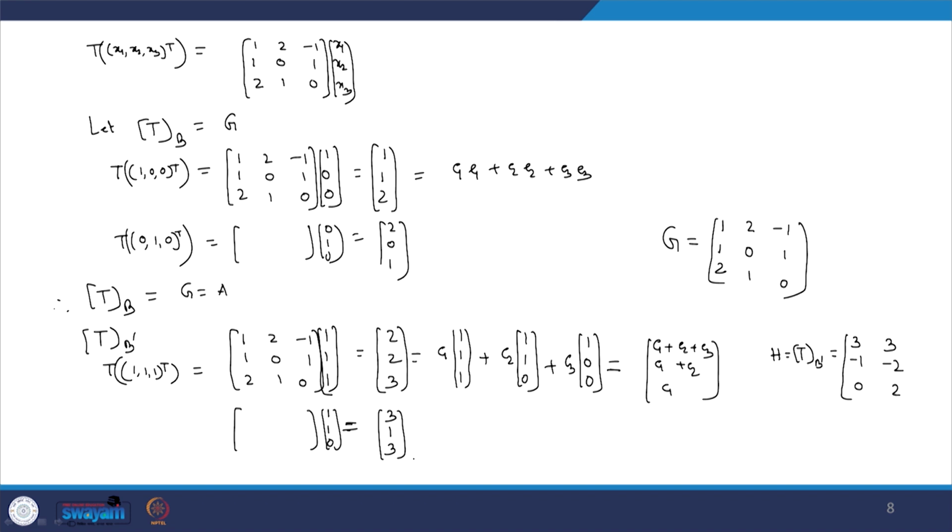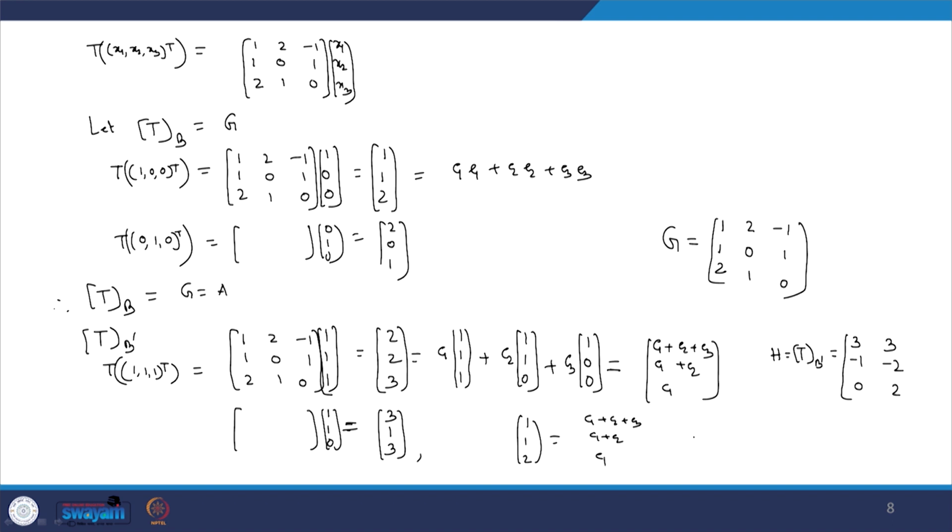Now, the next is again for 1 0 0. When 1 0 0 is there, I will have basically 1 1 2, which is equal to C1 plus C2 plus C3, C1 plus C2, and C1.